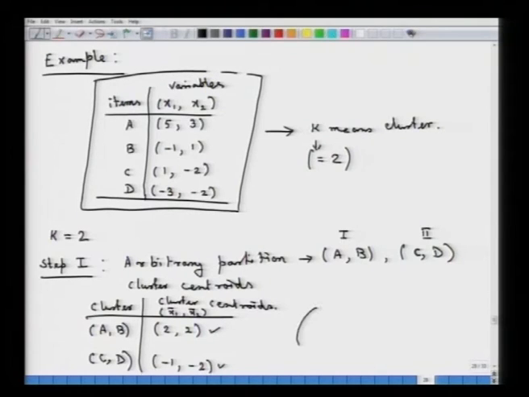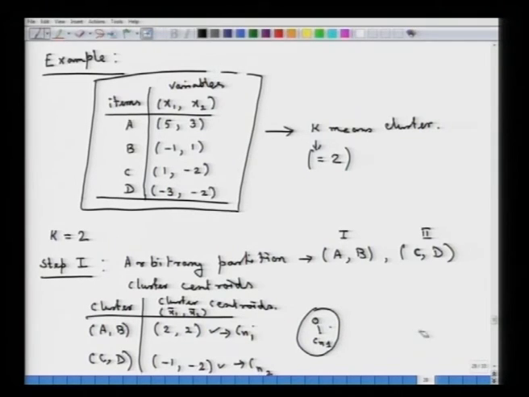Now, we have these two clusters. Suppose I say that this is centroid number 1 and this is centroid number 2. So, this is centroid number 1, and this is another random cluster having centroid number 2. Now, there are two cases A and B here, and C and D here. We will look at whether case A is closer to this centroid or the other centroid.